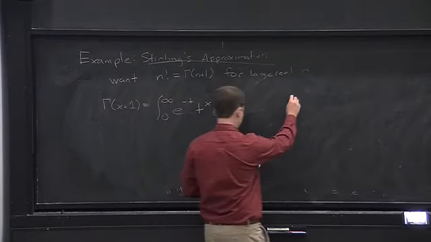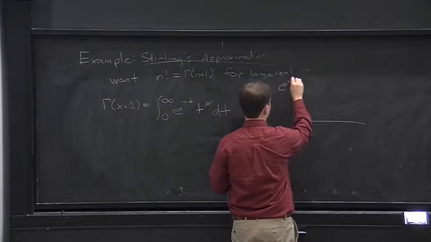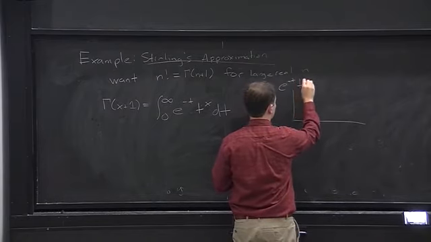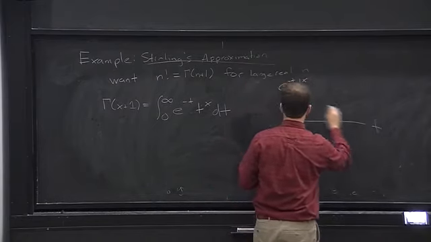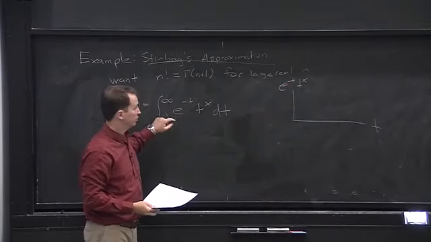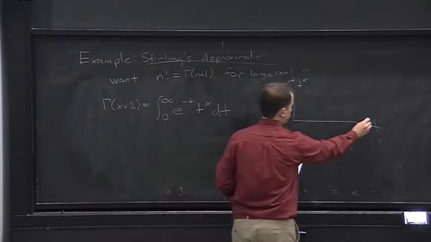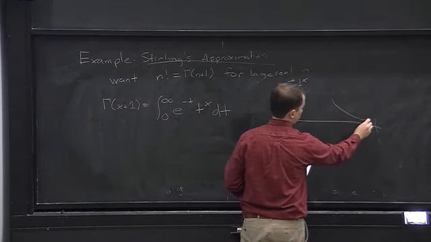The integrand looks something like this. So e to the minus t goes to 0 rather rapidly for large t. So over here, our function is going to 0.